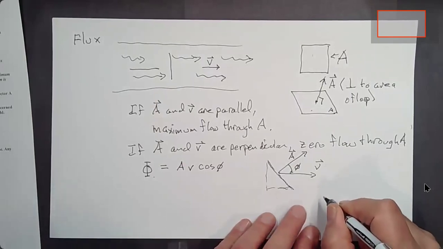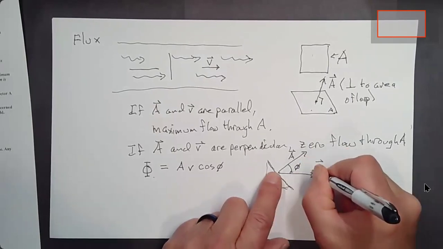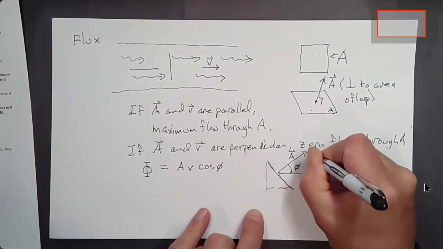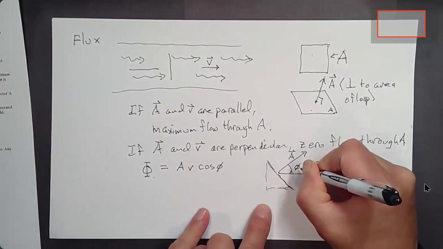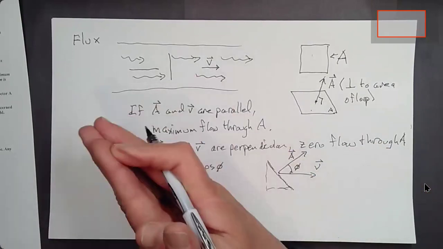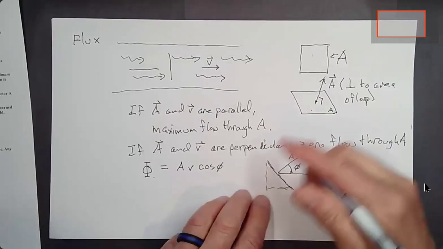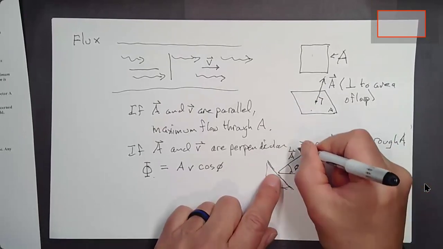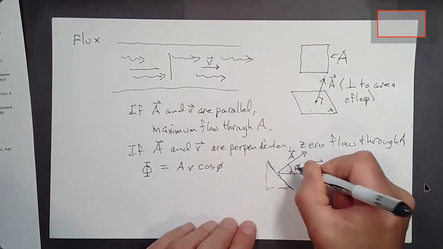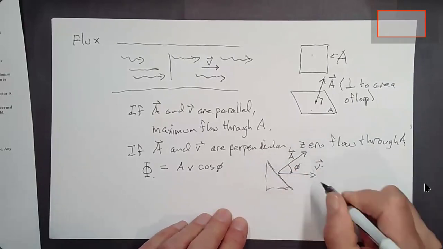Well, V cosine phi is going to be the component of the velocity that's straight through the area. I guess that's a way of thinking of it, except it's the area that we're playing around with. But as we rotate the area, that gives us V cosine phi. And that's the component of the velocity of the water that's actually going straight through the area.